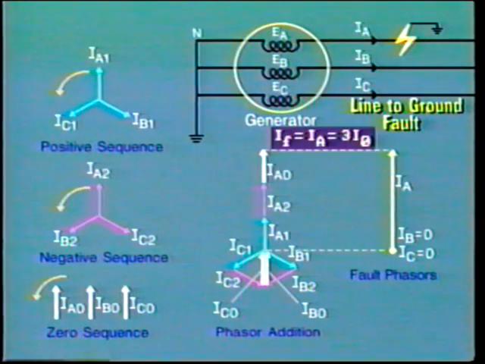Therefore, the magnitude of fault current IF equals IA equals 3I0. This does not mean to say that the zero sequence currents IA0, IB0, and IC0 are all acting together in the faulted phase A. But the magnitude of IA1 and IA2 is equal to IA0, and this is a convenient method of calculation, as we shall see.